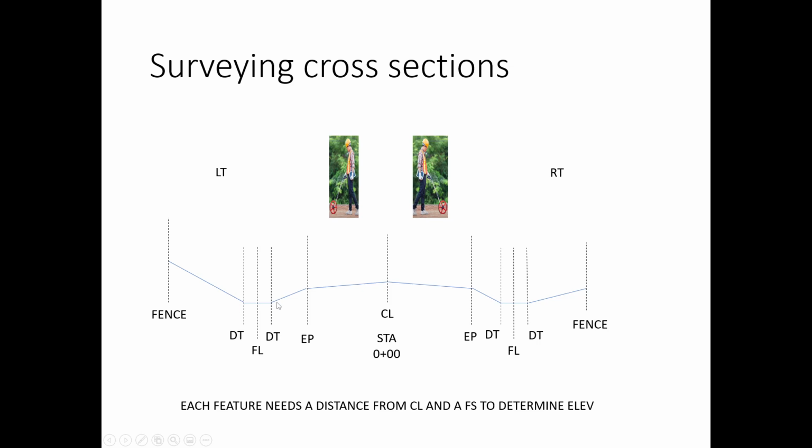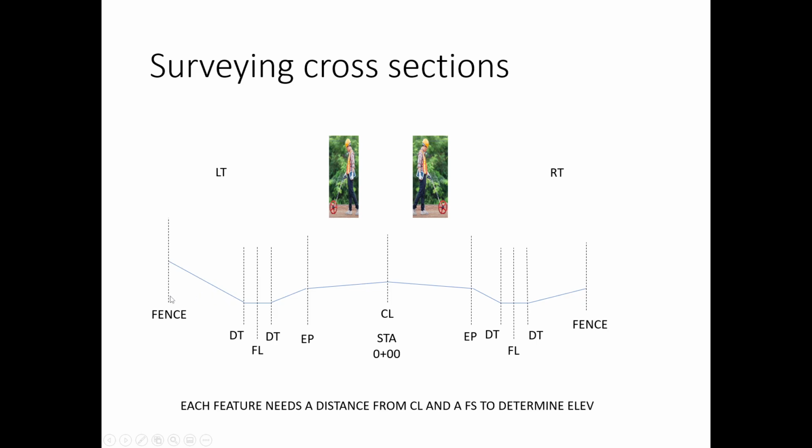Now if it's perfectly flat, then obviously having these 2 points will work. And then from that, depending on whether it's a cut or fill scenario, it generally comes back up, probably not this pronounced. And for most cross-sectional surveys, we just kind of need to know where this goes.